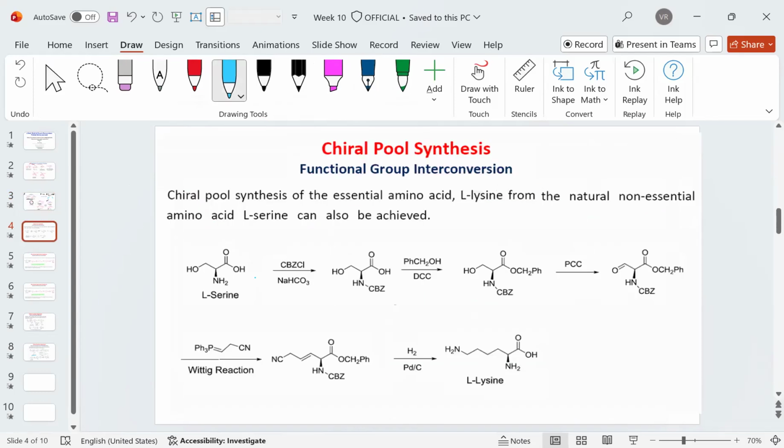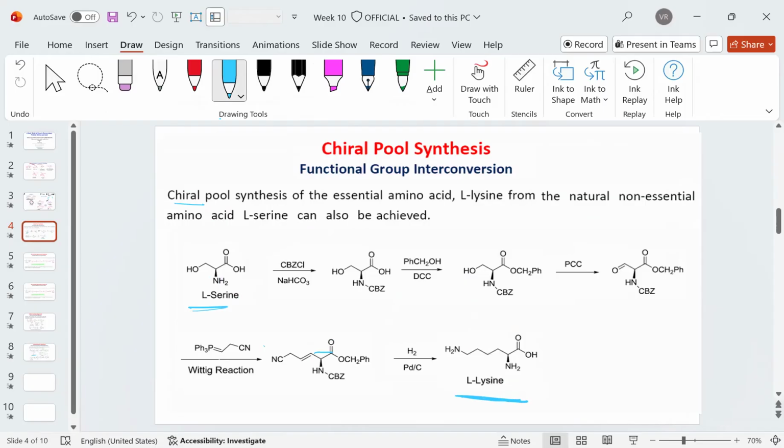Another method is the chiral pool synthesis. What we do in chiral pool synthesis is select the starting material in such a way that we can carry that chiral center forward till the end of our product. Here you can see one example, the synthesis of L-lysine. This is our target molecule.